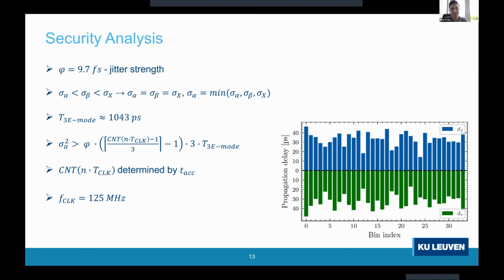I looked into other designs that reported the jitter strength, and the jitter strength there is around 3 times bigger. So the jitter strength reported here is, I think, very conservative, because it is 3 times lower than what was reported before, and I tested with different operating conditions, with different logic around.